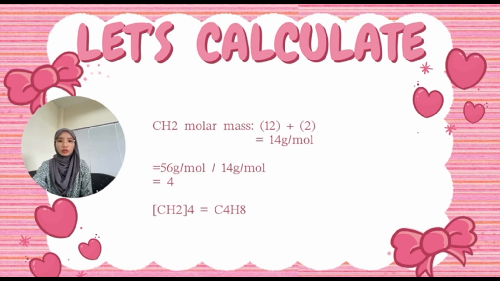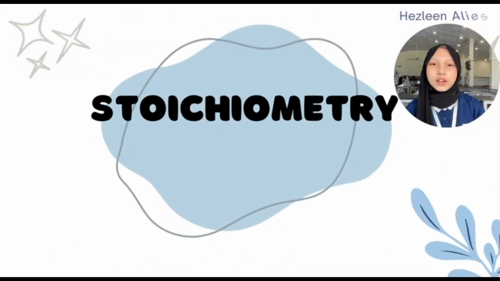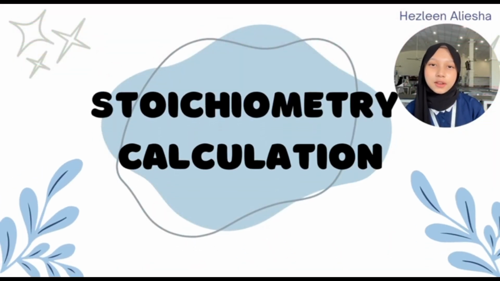And we need to divide 56 gram per mole by 14 gram per mole and we got 4. So we need to multiply the empirical formula by 4 and we got C4H8. So that's all.